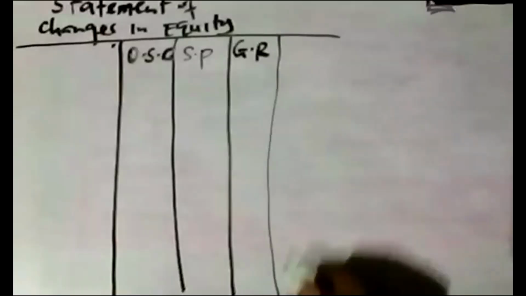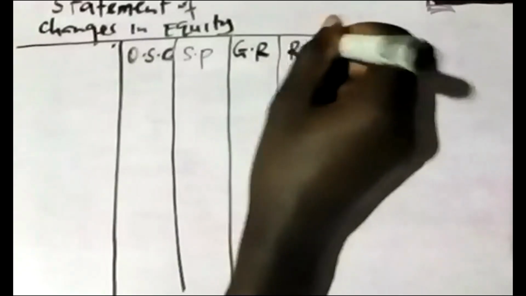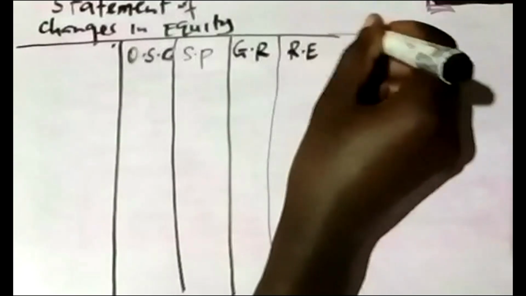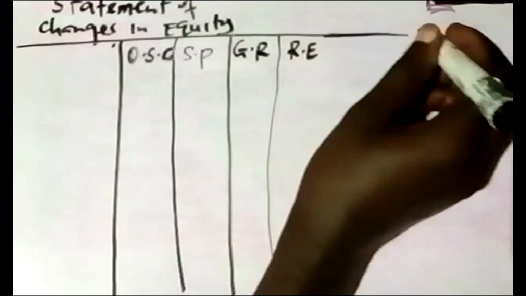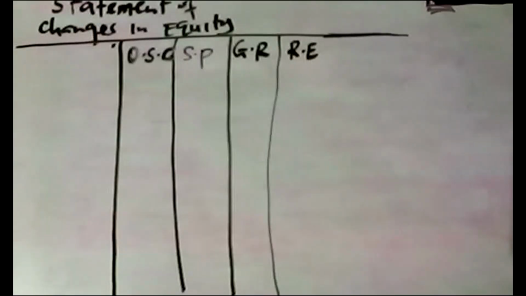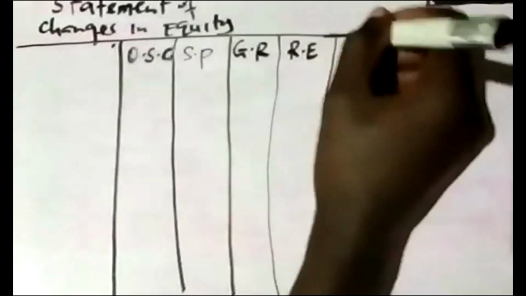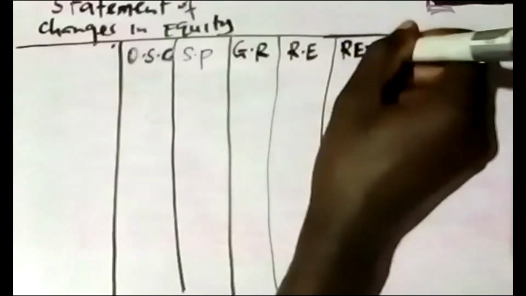Then there's retained earnings. These are direct from the trial balance. The trial balance is the one which guides you. You know all of them, but you pick what you have. Then finally, from the additional information, there's a revaluation.